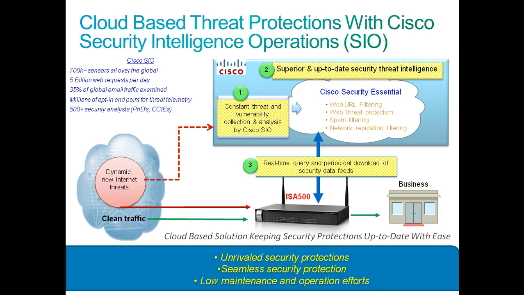Security Intelligence Operation. How does the ISA500 know what is the dangerous or malicious website? How does the ISA500 know what is the email server that is sending the spam email?